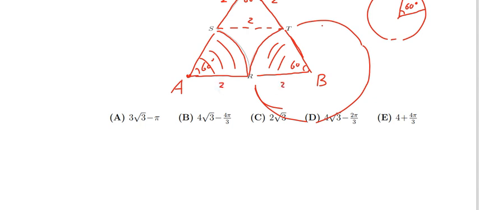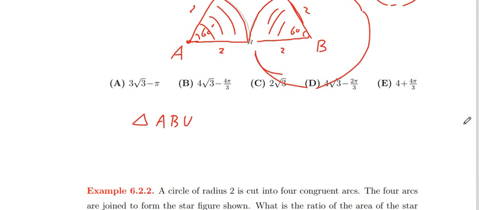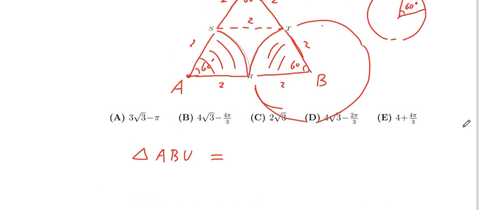So what is the area for, let's say, triangle ABU? Here we need to find this area, like 4, 4, 4.